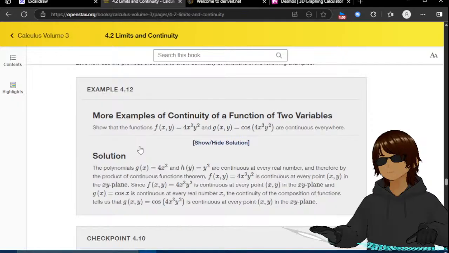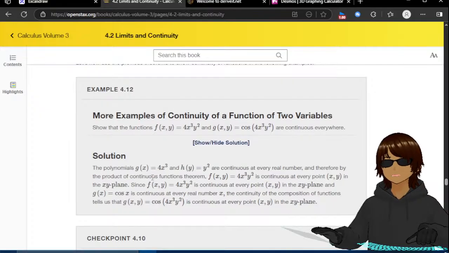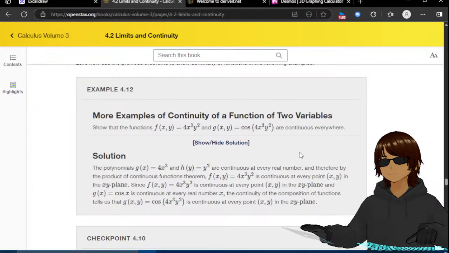But how do you prove polynomials g of x equals 4x cubed and h of y equals y squared are continuous at every real number? Therefore, by the product of continuous functions theorem, it is continuous at every point in the xy plane.